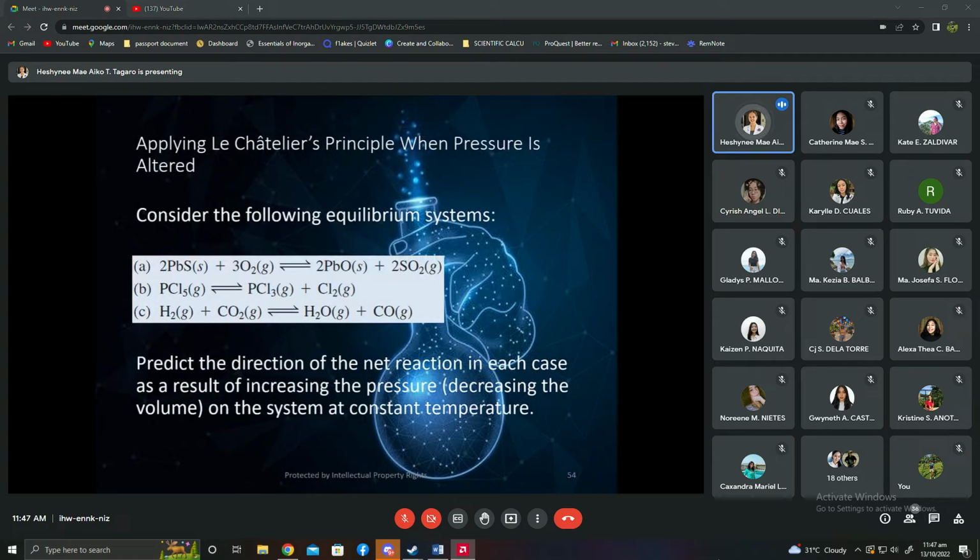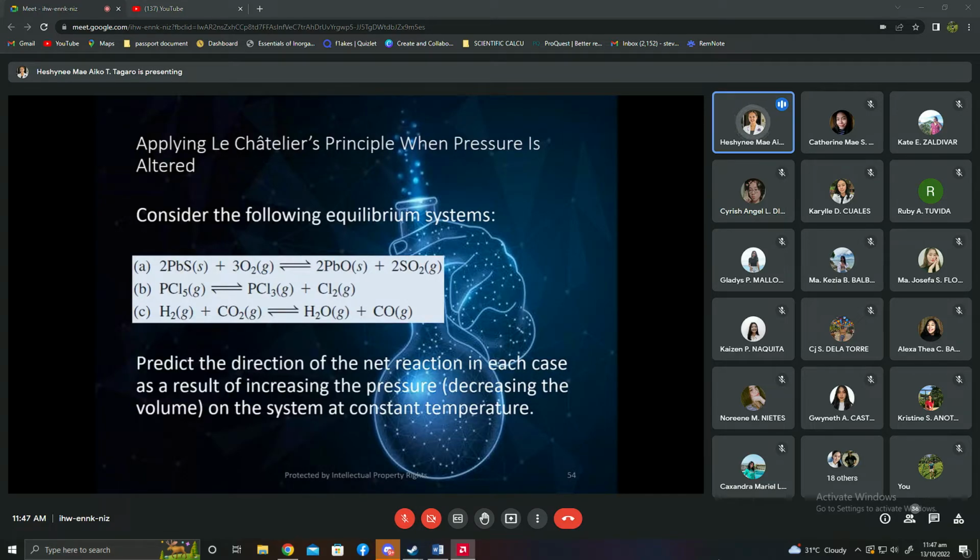With equilibrium mixtures involving gases, we only consider the gaseous species, and what we consider is the number of moles of the gas.